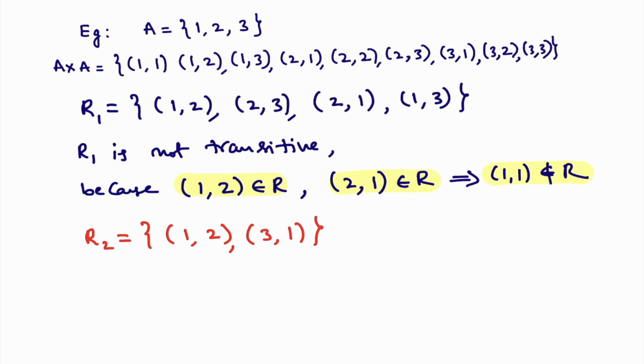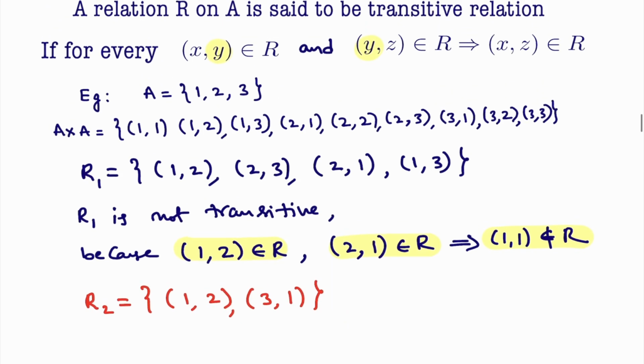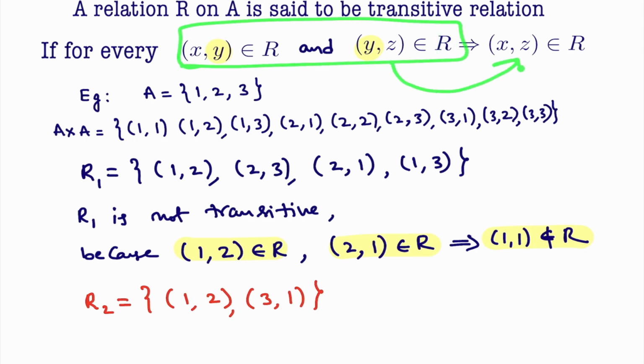Now, how to check whether this relation is transitive or not? First, come to this (1,2). This ends with 2. Now you check whether any other ordered pair starts with 2 in this. No other ordered pair starts with 2. But actually, what is the definition of a transitive relation? For every x, y, z, if (x,y) and (y,z) belong to R, then we look for (x,z).